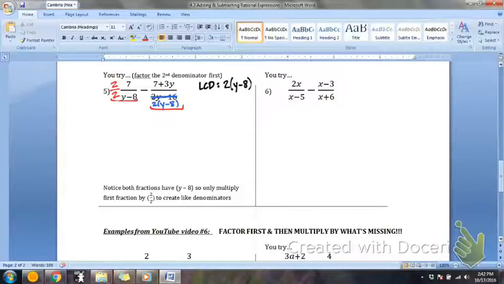So 2 times 7, 14 over my LCD, minus 7 plus 3y over LCD. Remember, if it's a subtraction sign, we really need to distribute that negative sign. So I have 14 minus 7 minus 3y.